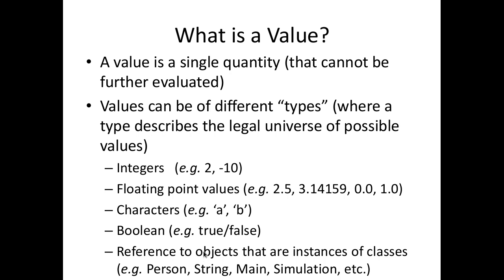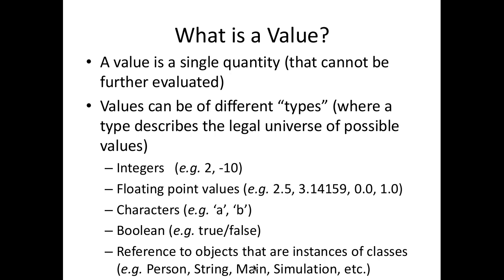It could be a reference to an object. And this object that it refers to could be, for example, a person, an instance of a person, so some particular person. It could be a string, like a quoted string that says ABM, and you put quotes around it. It's a reference to that.